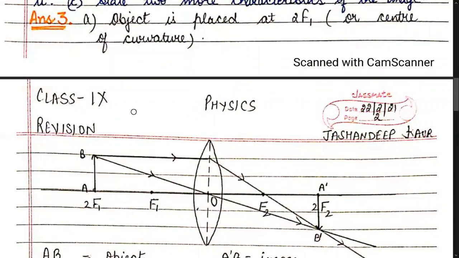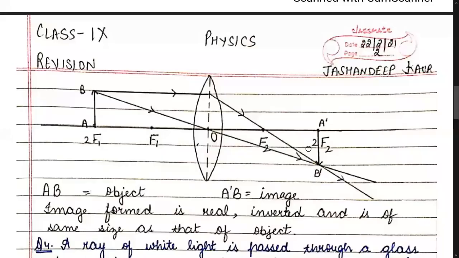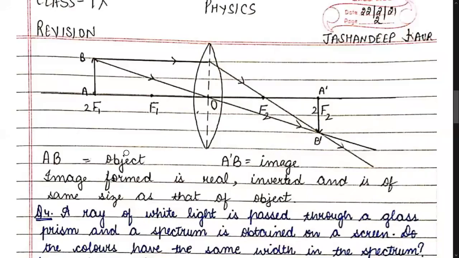So the object is placed at 2F1, children. Actually, in the question, it was given that the size of the object is equal to the size of the image, and this is possible only if the object is placed at the center of curvature, or you can say 2F1.